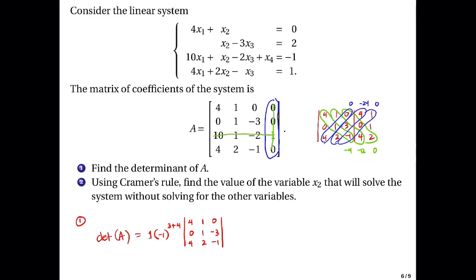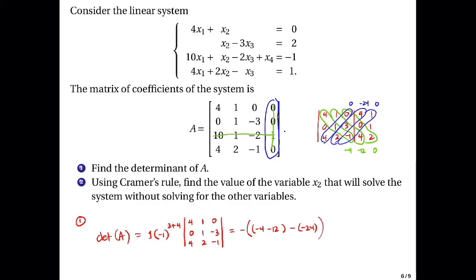Which means the determinant is equal to 1 times negative 1 times, we have negative 4 minus 12 minus, and then up here minus 24. So what is this?